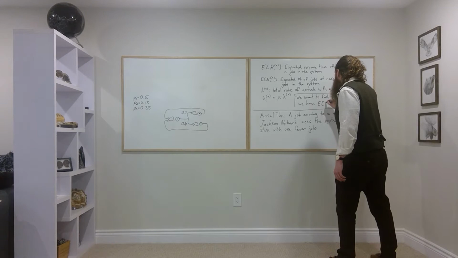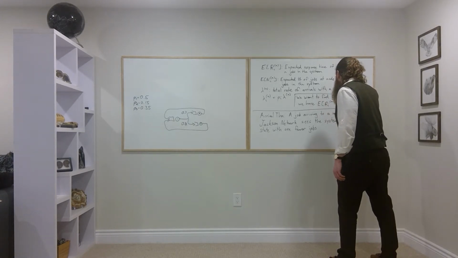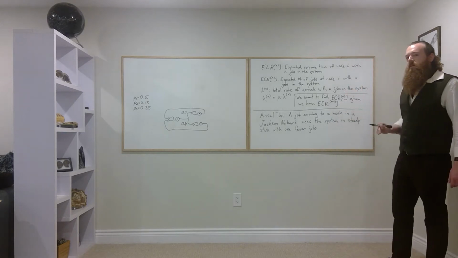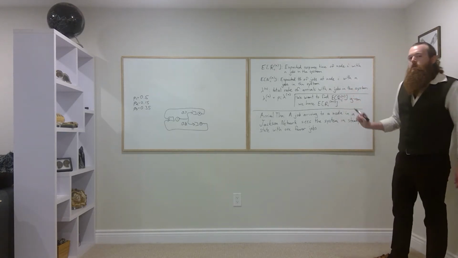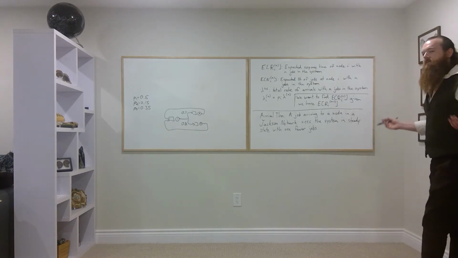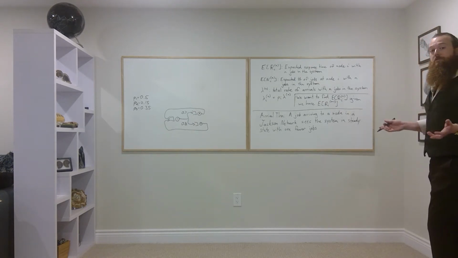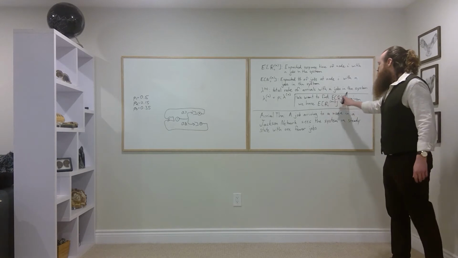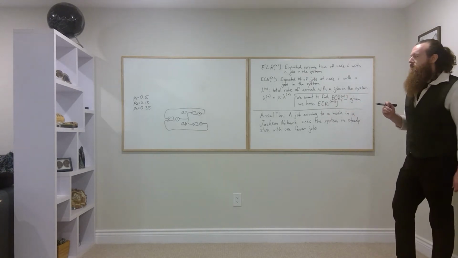So if we know the expected response time of the node if there's n minus 1 jobs circulating through the system, we want to be able to calculate what if there's n jobs circulating through the system. Okay, so in essence, we want to build a recursion for the expected response time at a given node.